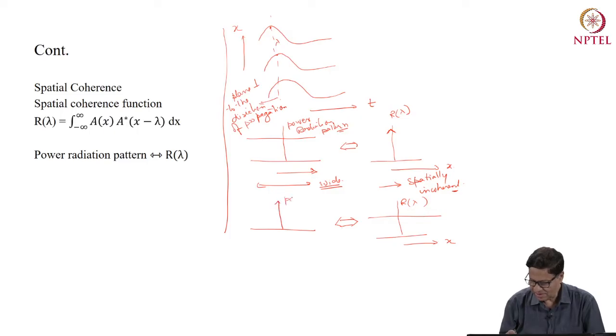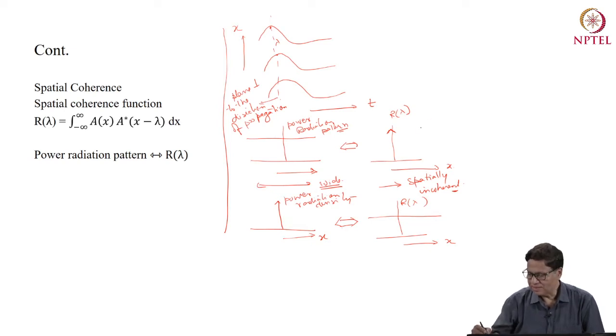So this is the power radiation pattern or density, in space x, and it gives you highly directional power in one particular direction.